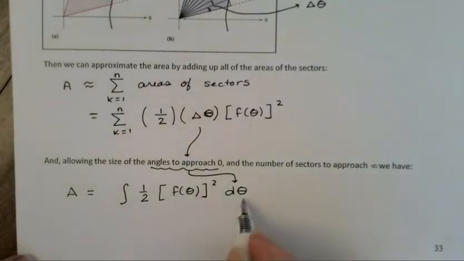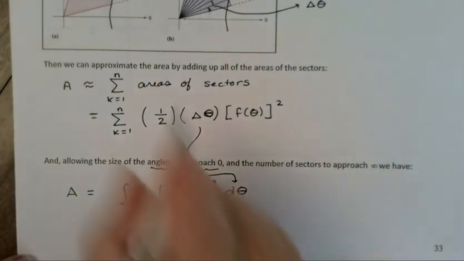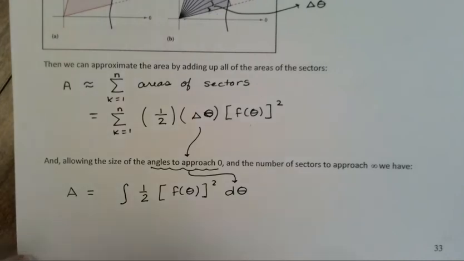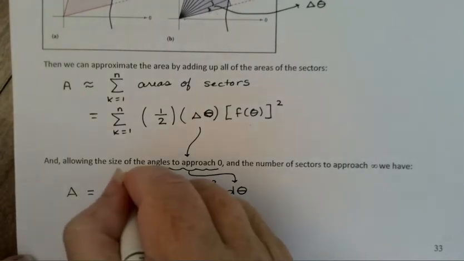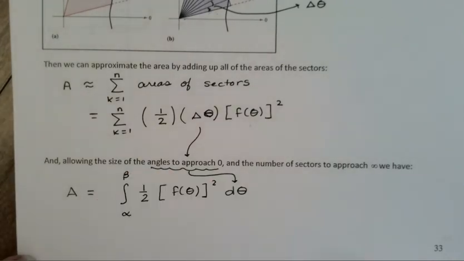And we're integrating d theta. Our theta values, if you look up at the picture, went from theta equals alpha to theta equals beta.